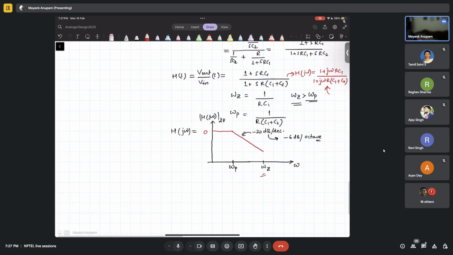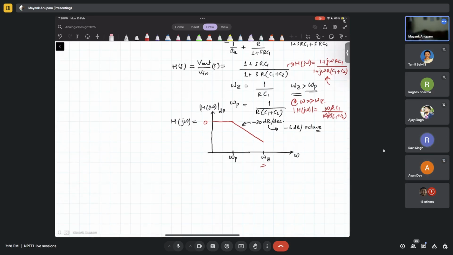So at very high frequency, at omega much greater than omega z, the gain of the system, mod of H of j omega, will be equal to how much? Omega R C1 divided by omega R (C1 plus C2), right? C1 by C1 plus C2, right?